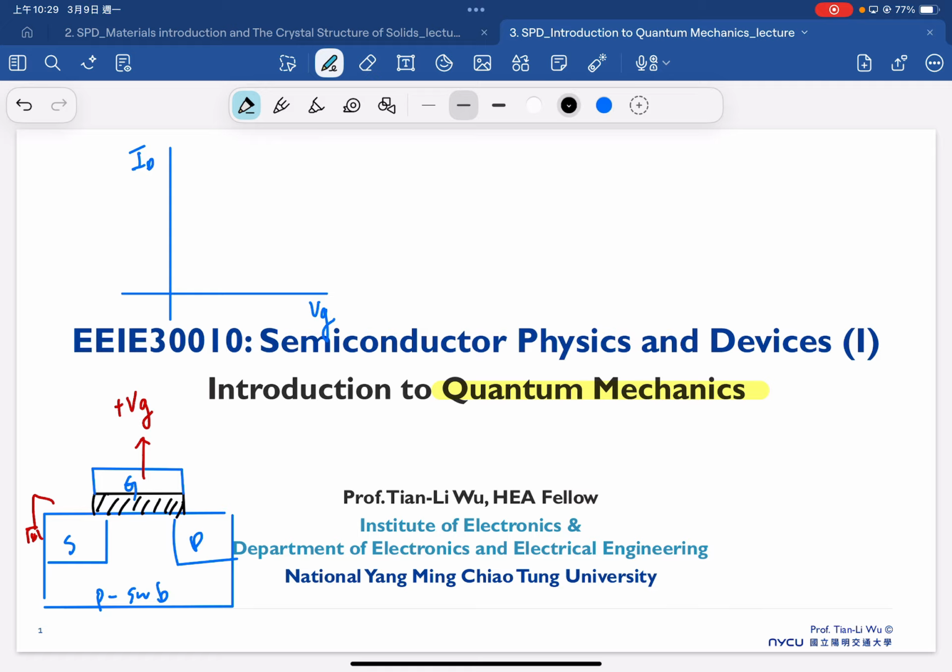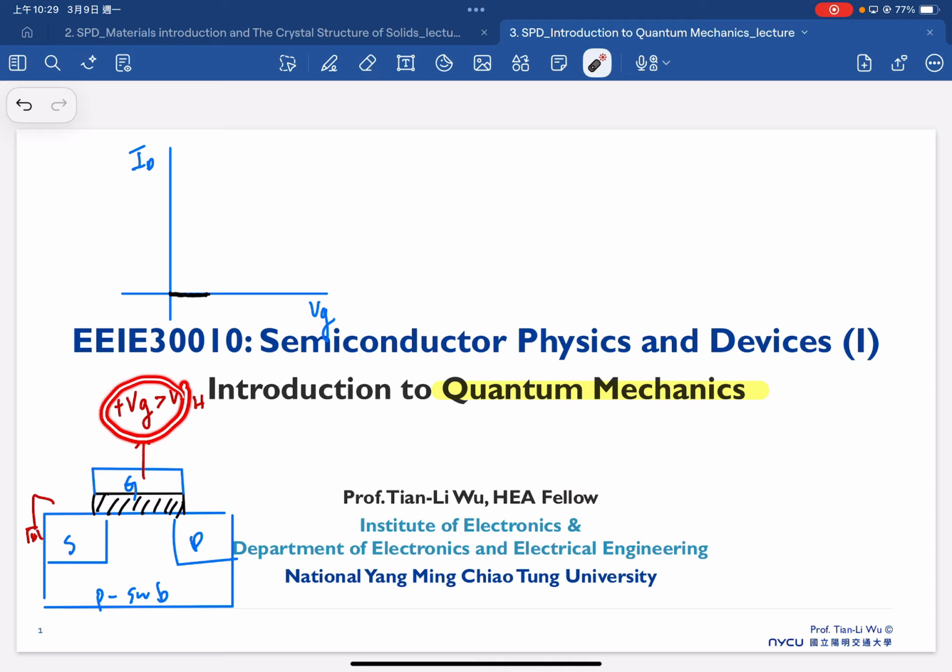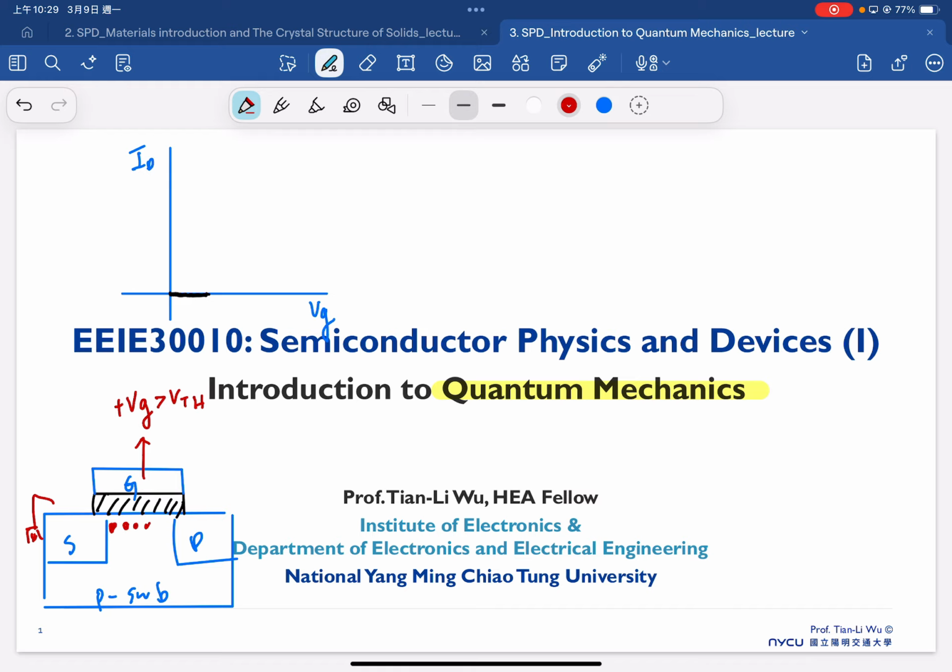And as I mentioned previously, the typical characteristic for the ID-VG in the MOSFET is that at first there will be no current, and after a certain gate bias, which is larger than our threshold voltage, when this gate bias is large enough, as you know, once we apply the positive gate bias here, for sure the negative electrons will be attracted to this region.